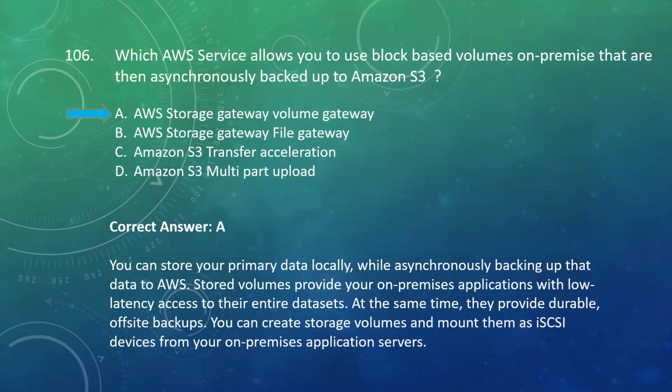Data written to your stored volumes is stored on your on-premise storage hardware. This data is asynchronously backed up to Amazon S3 as Amazon EBS snapshots, which is Elastic Block Store. If they were talking about file-based storage, then the answer would have been option B, AWS Storage Gateway File Gateway.